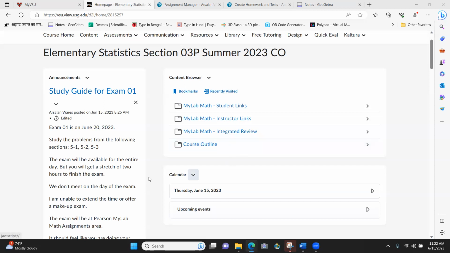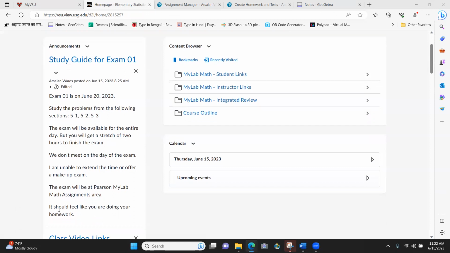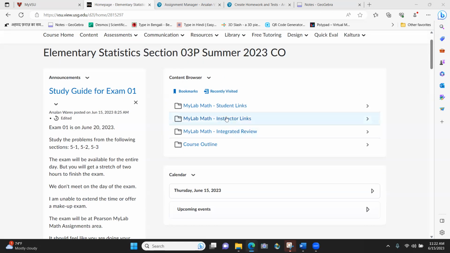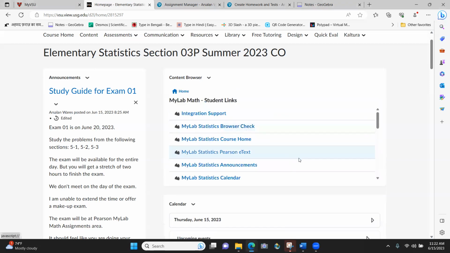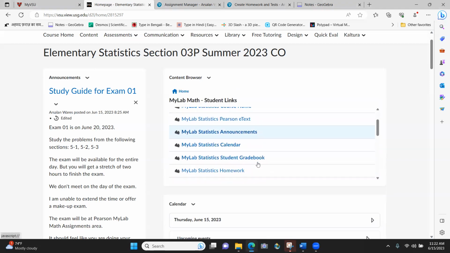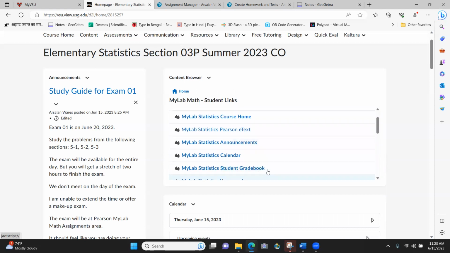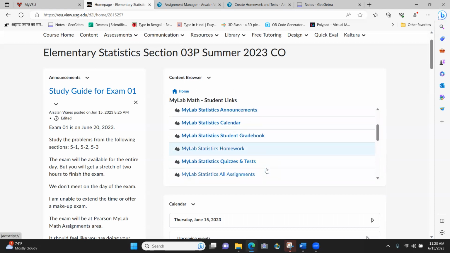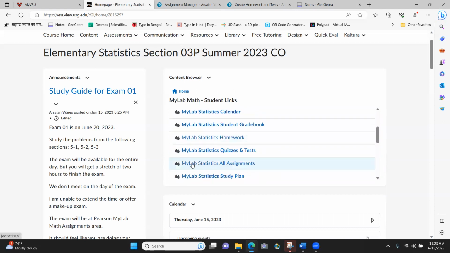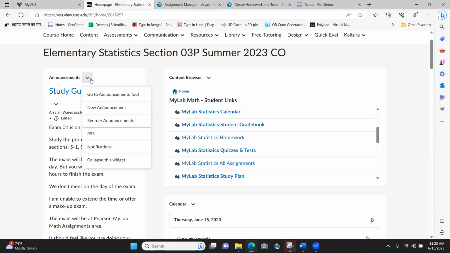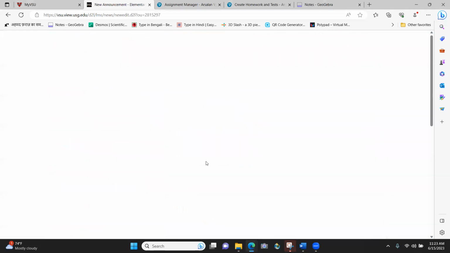To get to the exam, it'll feel like you're doing your homework. So it'll be in the same place, and it's all described here. Pearson MyLab Math Assignments area. What does that mean? Well, you click your link. Where's my assignments? My lab, it should say, well, let me fix it right now. MyLab Statistics assignment, not math assignment.